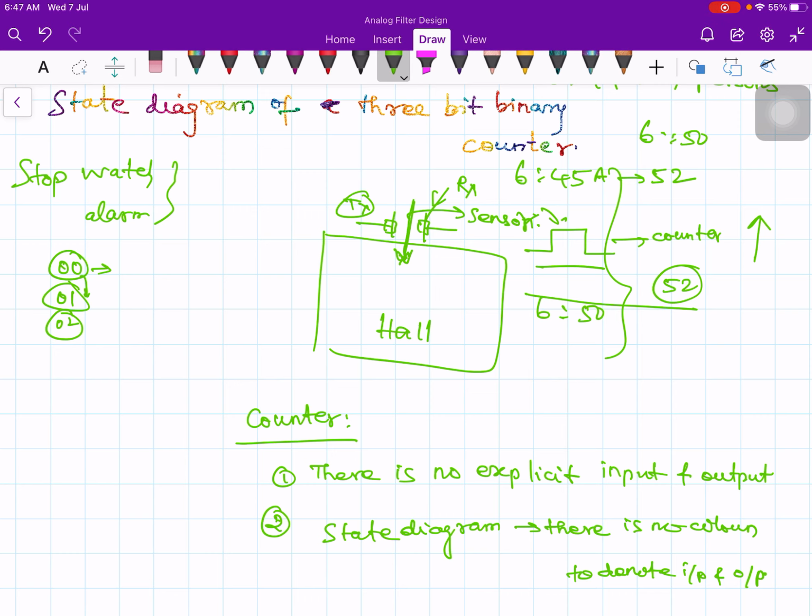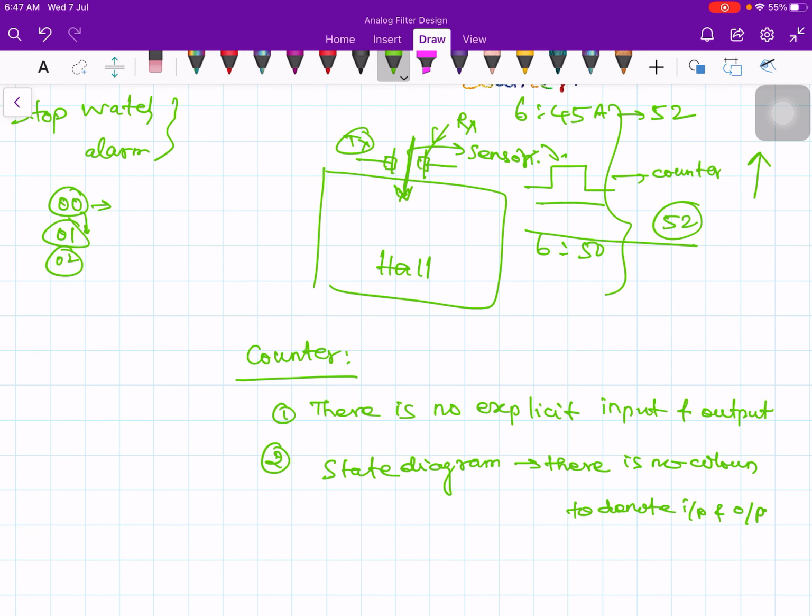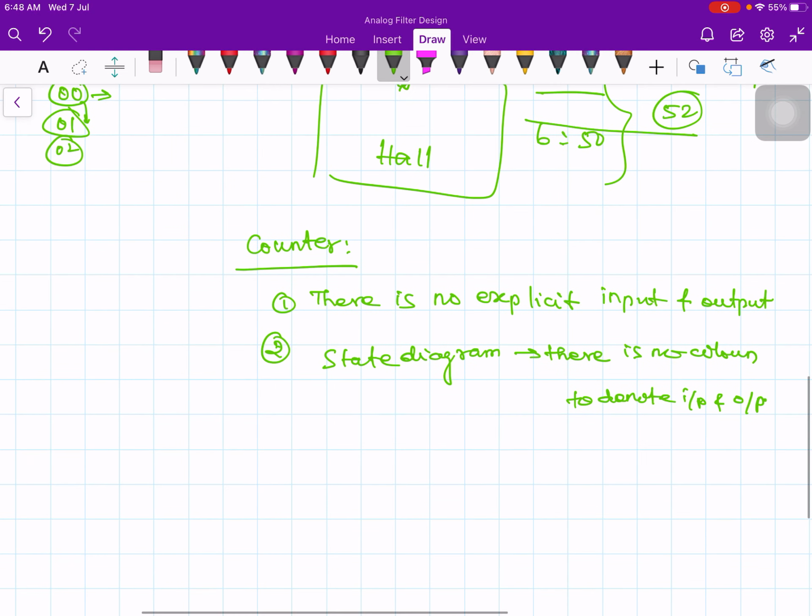The state itself is what we are going to use, that is the purpose of your counter. That is why I said we don't specify any input or output. The input to the counter is only the clock, and the state itself we are going to use.